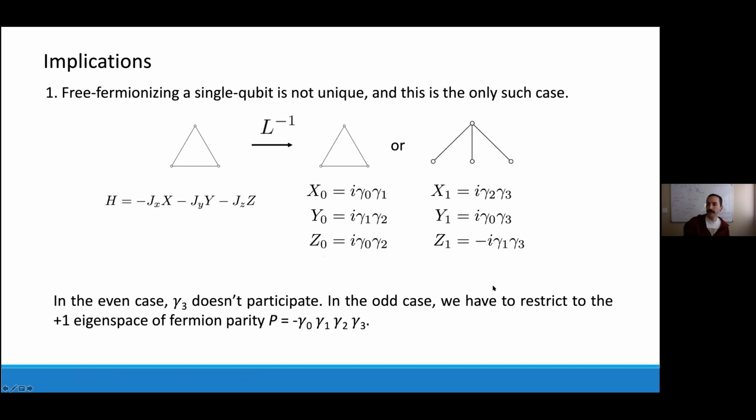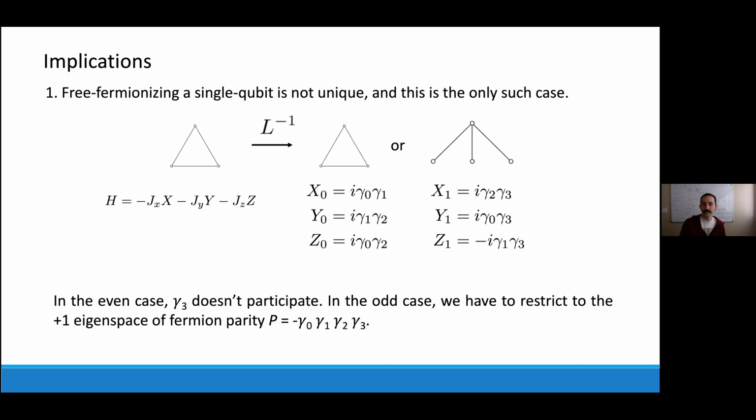So what are some consequences of these theorems in the physics context? From the first theorem, a consequence is that there is more than one way to free fermionize a single qubit. And moreover, that's the only time that there's a non-unique way to free fermionize a system. And we saw this actually in the Kitaev example. There's more than one way.